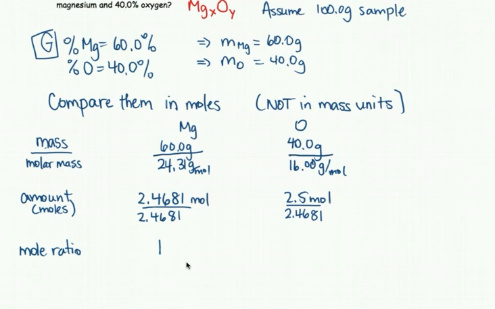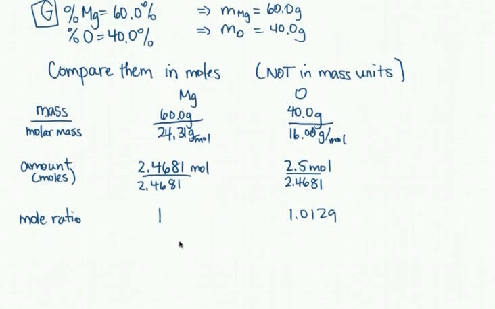So for every 1 magnesium that you have, you will have 1.0129 mole, or amount, of oxygen. Basically it's a 1-to-1 ratio here. Okay, so this is the mole ratio.